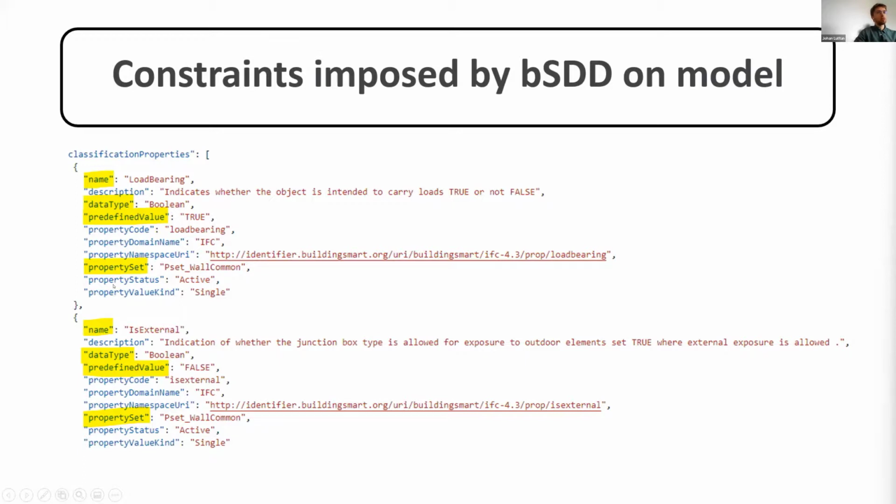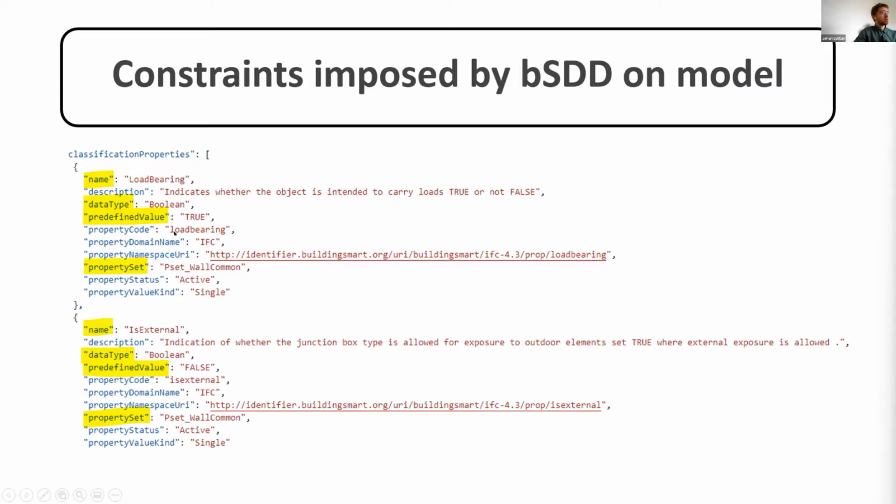We say that an instance or a model is consistent because, for example, this is from a certain classification, 2222 from the Dutch building code NL-SfB. From this classification, we have classification properties, and we have two of them.